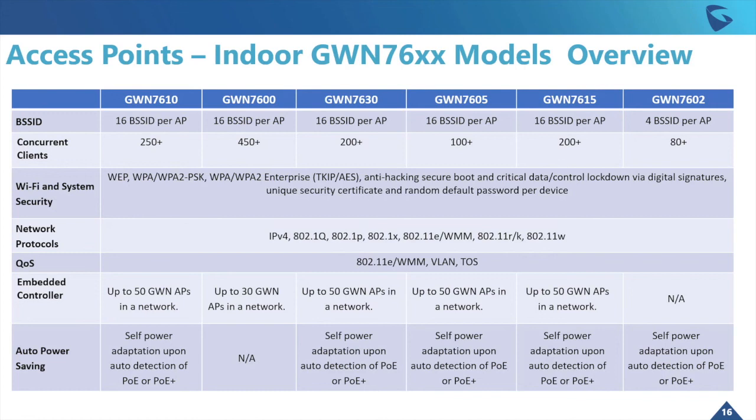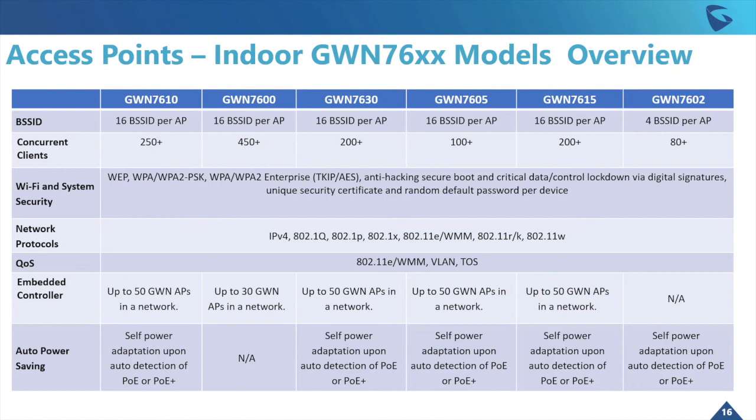For the embedded controller, as I mentioned, all the access points have an embedded controller, which can be accessed from the web interface of the access point. When you log into the access point, you can use the Discover tool to discover other access points in your network environment, and then you can add them to the master or the controller, and start managing, provisioning, and configuring them, like doing upgrades, reboots, and assigning the access points to different SSIDs and network groups.